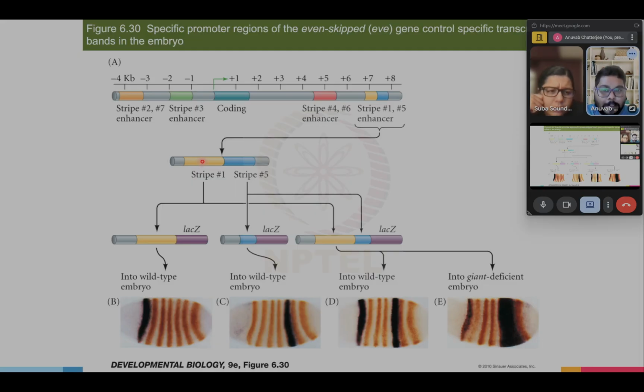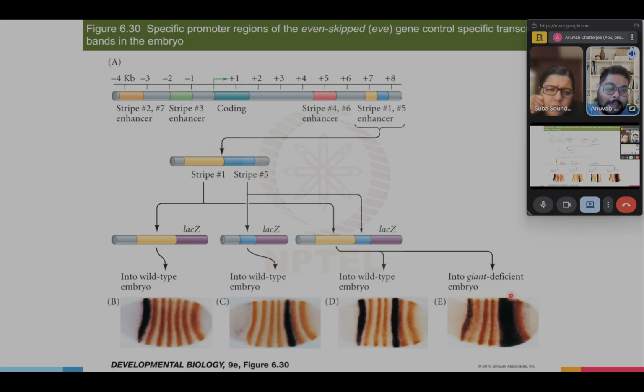These gap genes are transcriptional regulators. They always compete with each other, and for some particular genes, for example, if this was Fushi tarazu, maybe Krupel is an inhibitor and giant is an activator, and they go for the same DNA segment. So this enhancer can bind both of them. If there is more giant, it will outcompete Krupel and bind here and start expression. And if there is more Krupel, it will bind here and start expression.